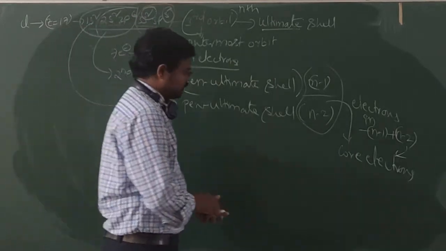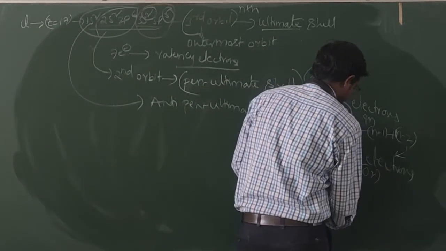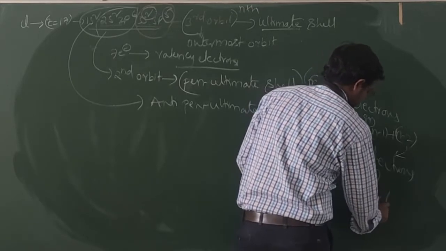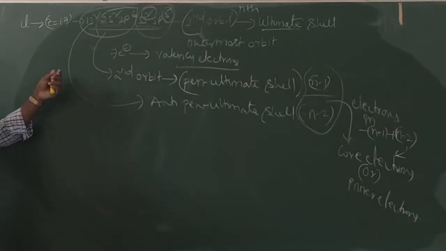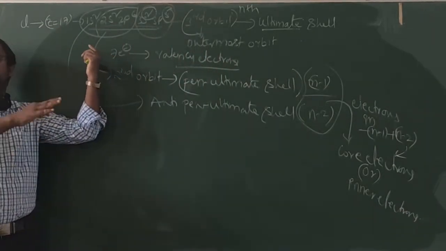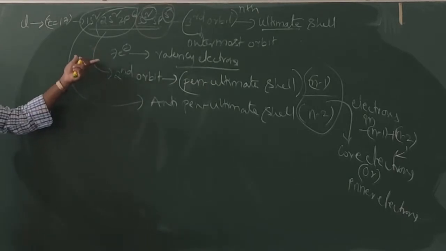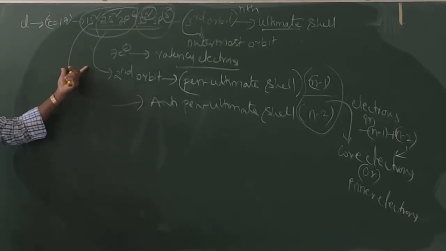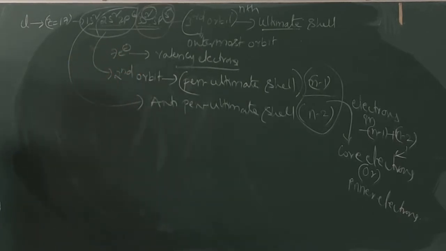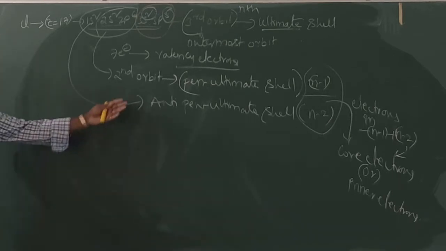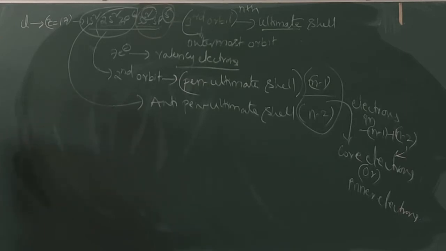So if we take any other electronic configuration, like argon or any other elements, we get the ultimate shell, penultimate shell, and anti-penultimate shell. Ultimate shell means the last shell, and the anti-penultimate shell is the shell before the penultimate shell.